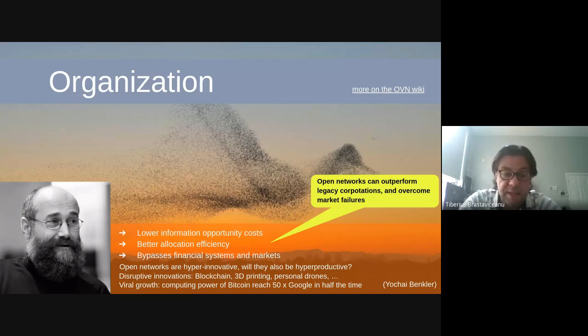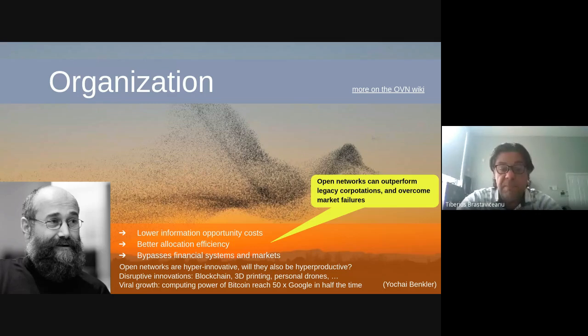Essentially, it says that open networks enabled by this digital technology have lower information opportunity costs, which means that because they're networks, they push the sensing from the core to the edge of the network. So there's a lot of information out there in the environment that gets sucked in by all these sensors, which are all these contributors to the network. And that information, again, gets to the core and gets processed.